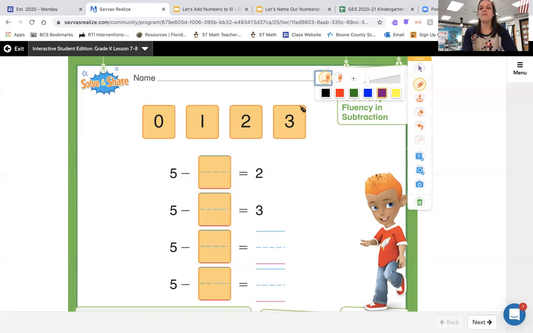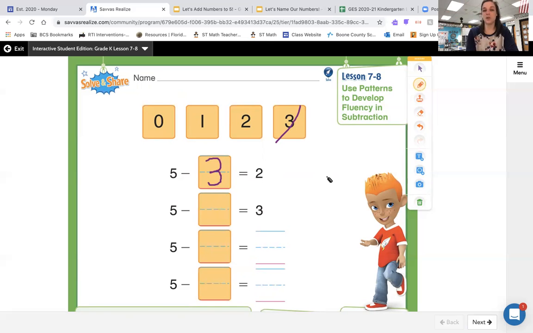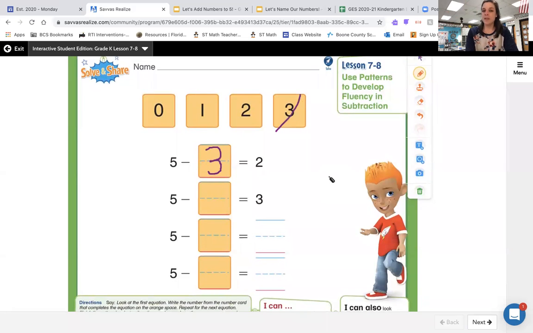Stay with me. I know it's confusing. So we're going to mark out the number 3, and we're going to write 3 on the first orange tile. 5 take away 3 is 2 left over. Okay, now on the next problem, it tells us 5 take away blank is 3 left over. So let's start with 5 again.